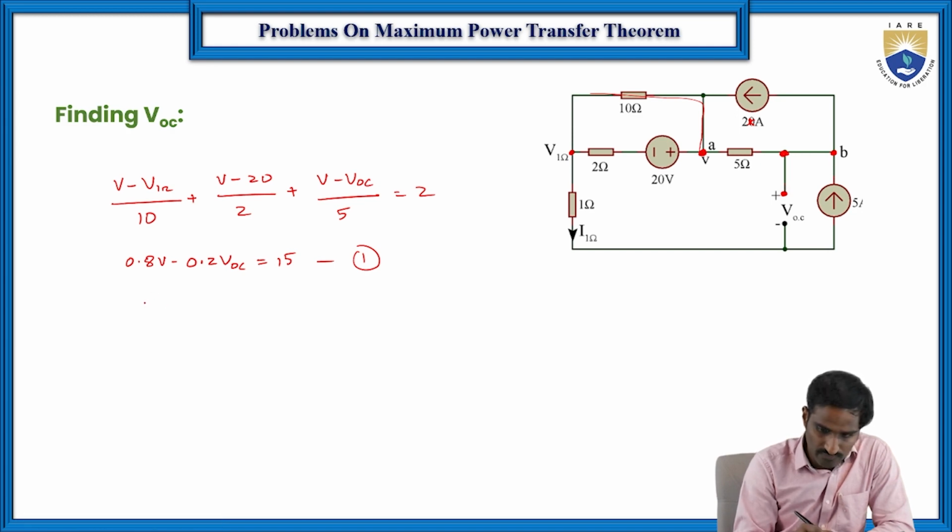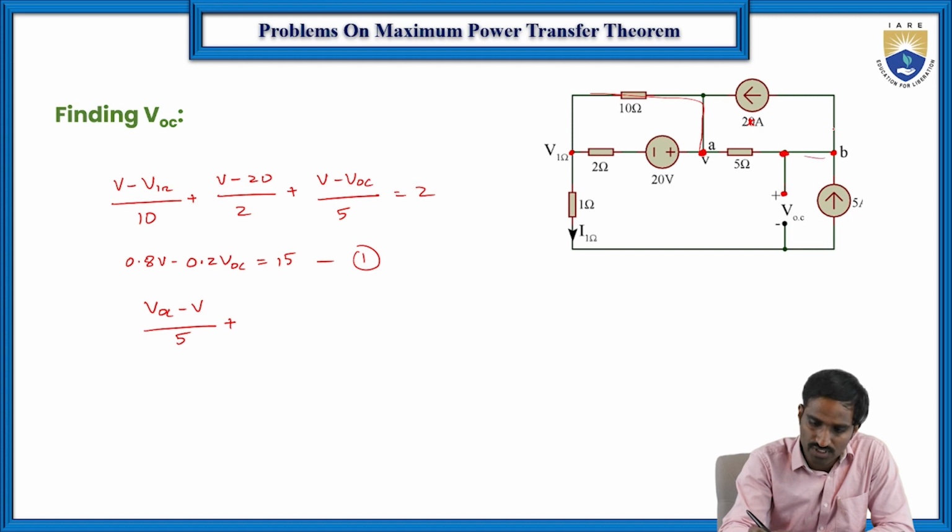So VOC at B, because this terminal is the same, VOC minus V by 5 ohms, and here it is 2 amperes, which is equal to 5 amperes. Because it is the opposite direction, here it is 5.